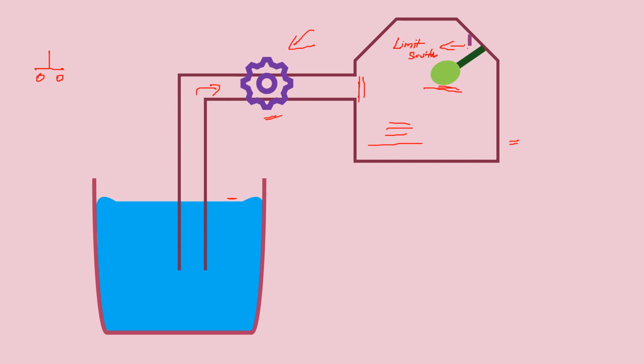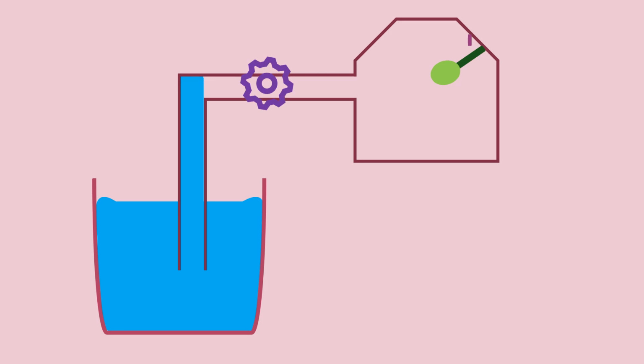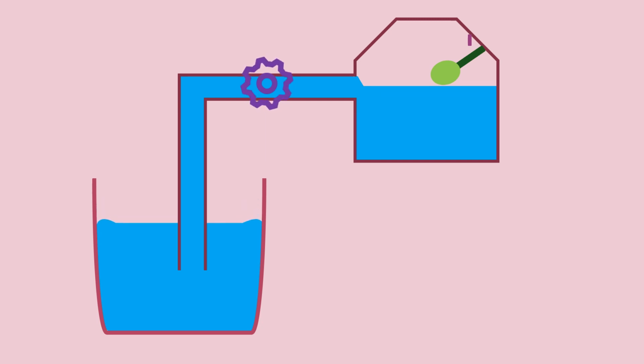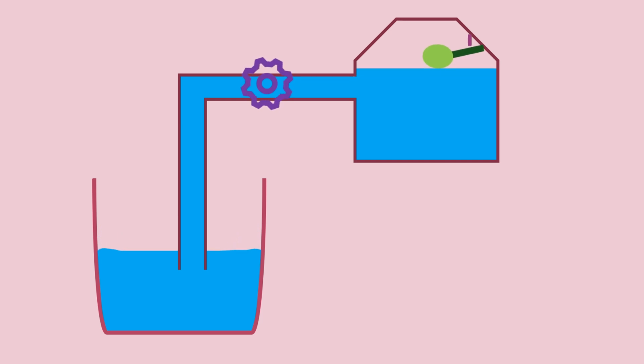So let's see how it works first. The motor started, and water will start entering the upper tank. The water level will rise up to the limit switch.